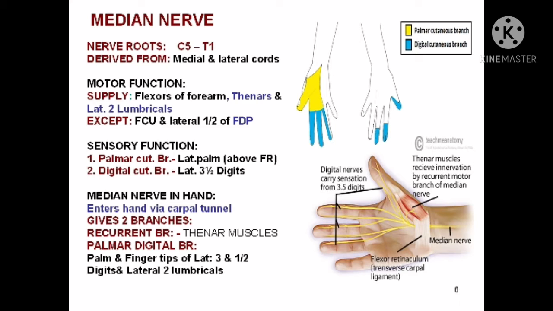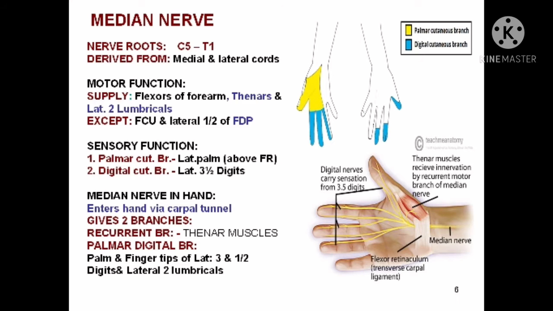The palmar cutaneous branch arises in the distal forearm and passes above the flexor retinaculum, enters the palm, and supplies the lateral aspect of the palmar region. The digital cutaneous branch supplies the lateral 3.5 digits of the hand.